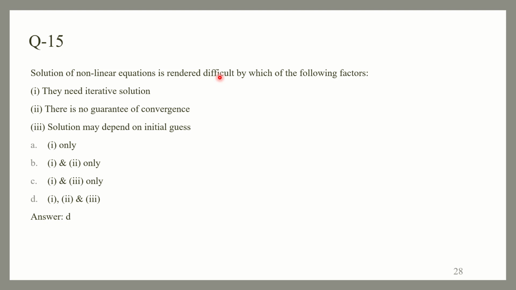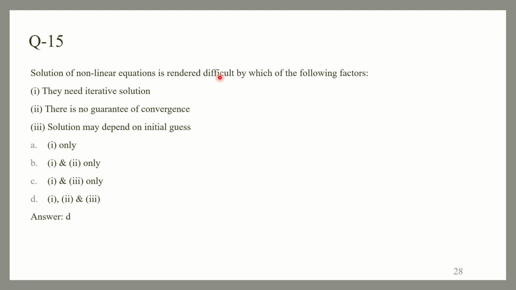So the answer is option D, because the equations we were solving mostly by iterative methods, and there is no guarantee of convergence; it may or may not converge. We can try ways to reduce the chances of not getting converged, but it cannot always be perfect.